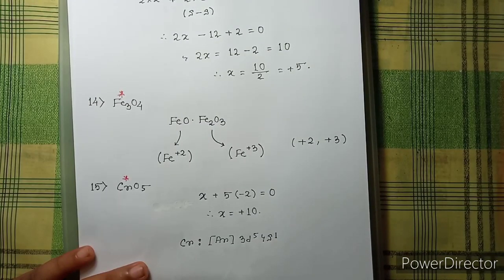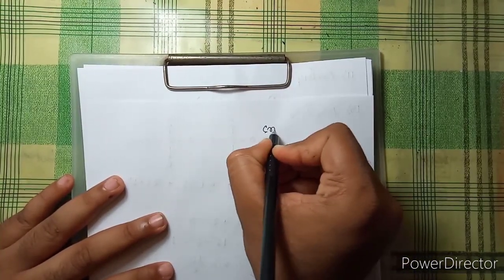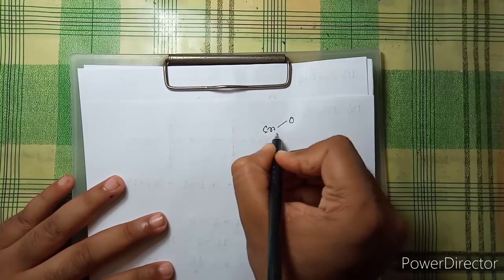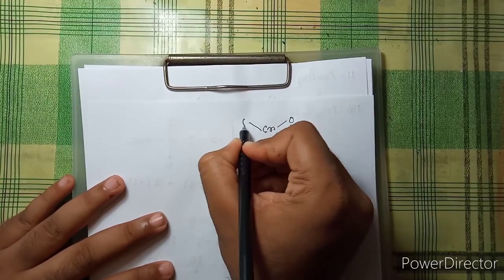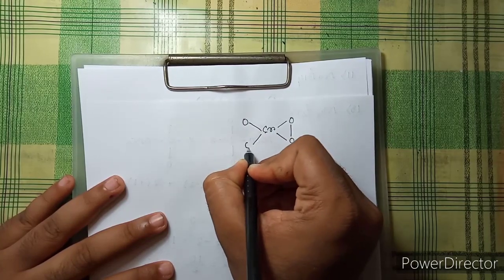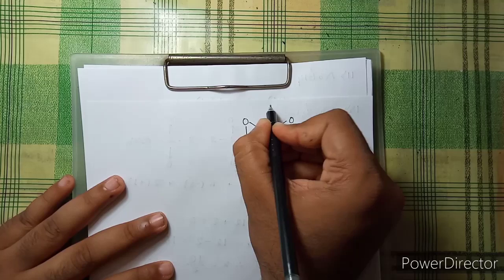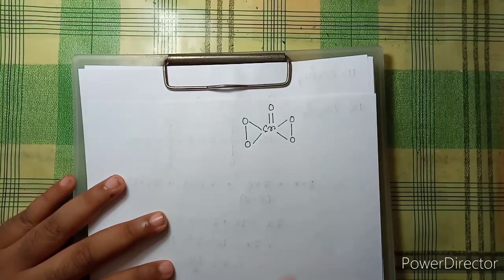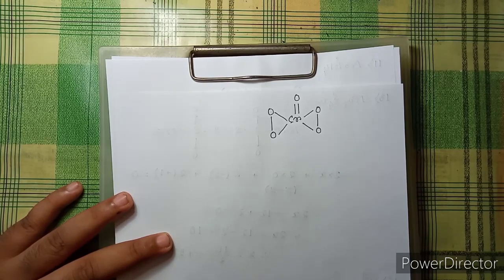Now we have to think about the structure of this compound. The structure of the given compound is shown here. Let the oxidation number of chromium be x.